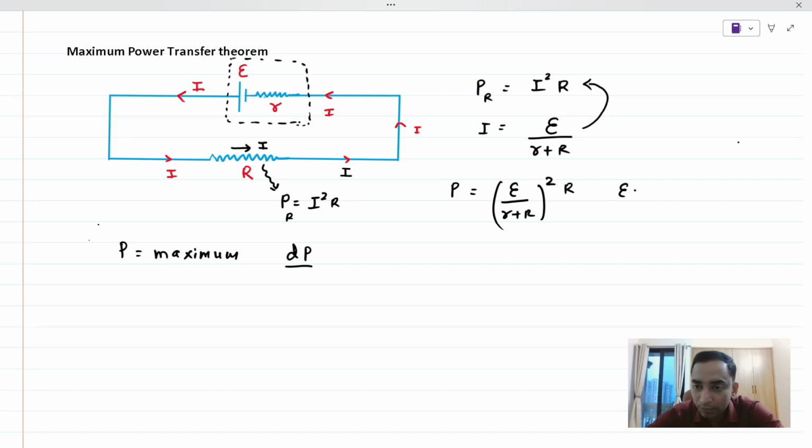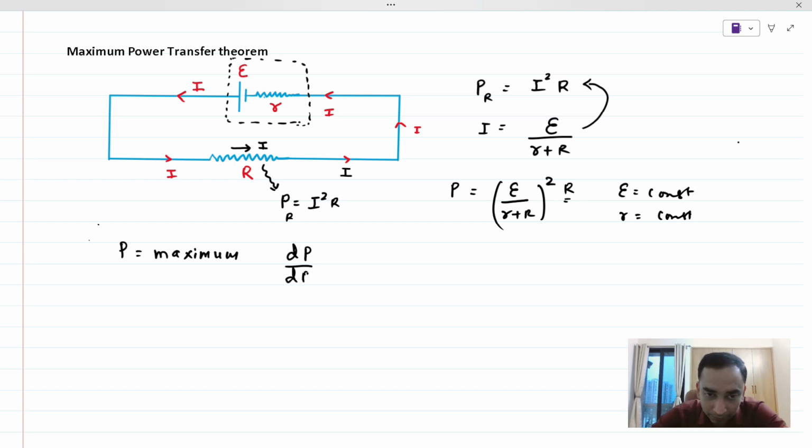In this case EMF is constant, small r is also constant, because for a given cell or battery you have a constant value of small r and EMF. So the variable is R only. You are supposed to vary capital R such that you get the maximum power.